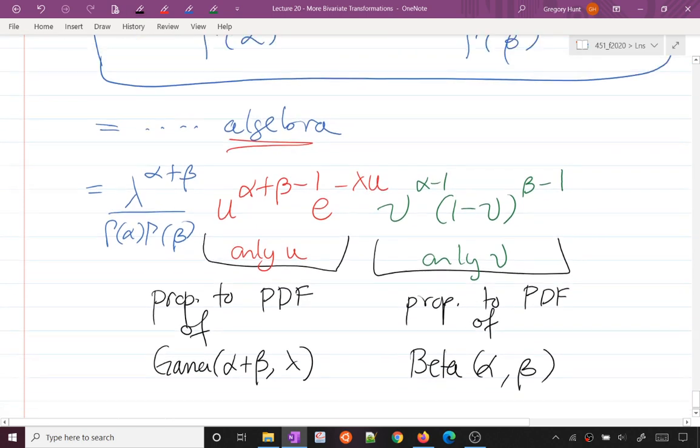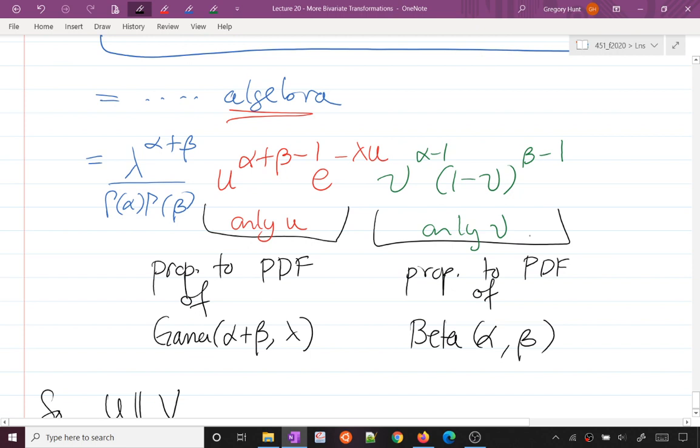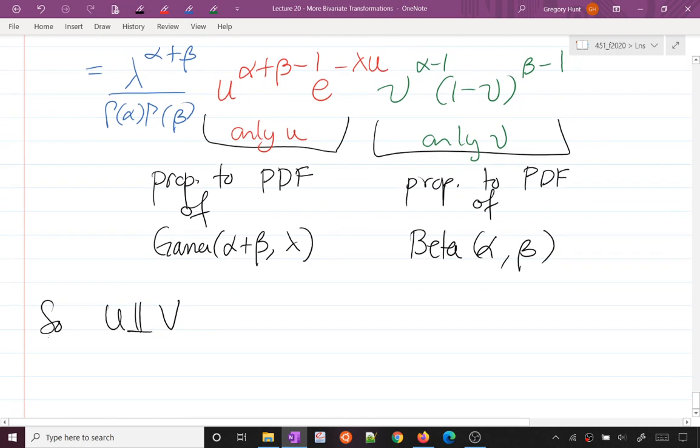Why can I say that? Because I can factor the joint PDF into a function of only u and a function of only v. And furthermore, because the part involving only u is proportional to the PDF of this gamma, we know that u must have a gamma distribution with parameters alpha plus beta, lambda.